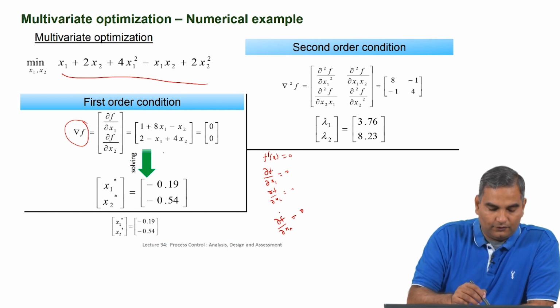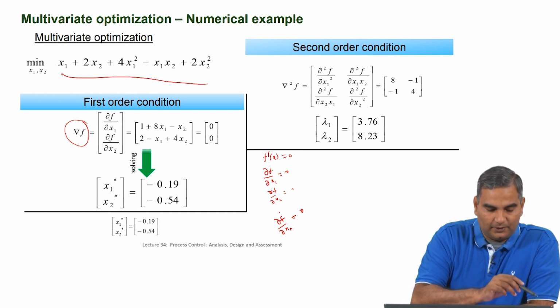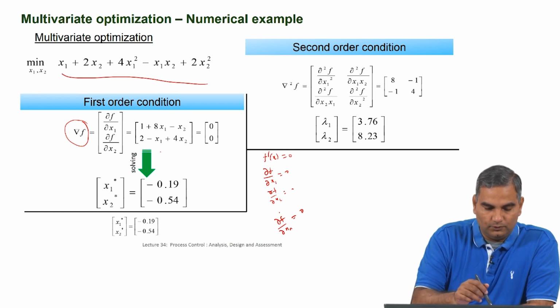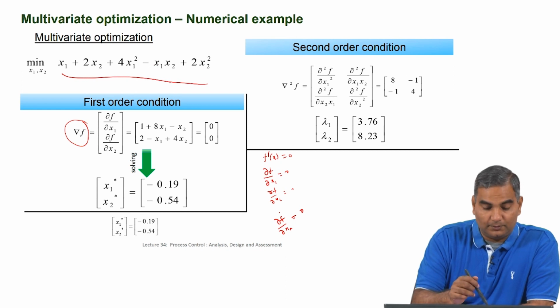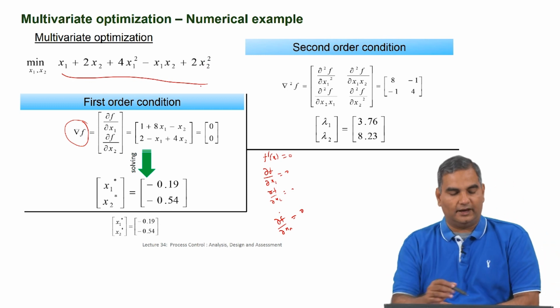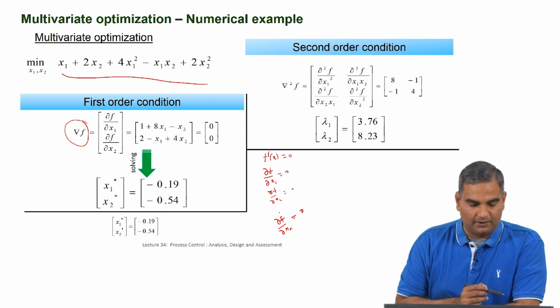Similarly if I go ∂f/∂x2, partial of x1 with respect to x2 is 0, partial of 2 x2 with respect to x2 is 2, partial of 4 x1 squared with respect to x2 is 0, partial derivative of minus x1 x2 with respect to x2 is minus x1, and the partial derivative of the last term with respect to x2 will be 4 x2. So, I have two equations and both of them have to be 0.